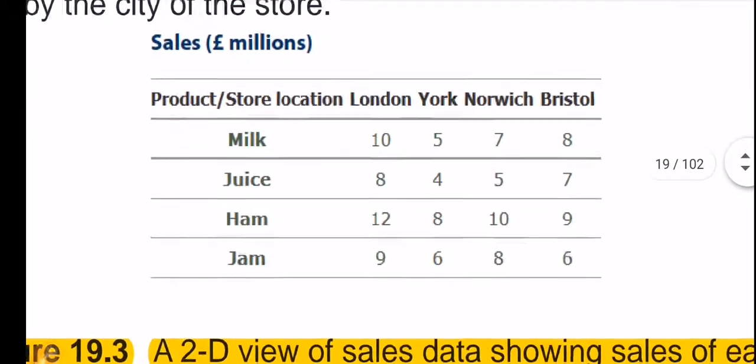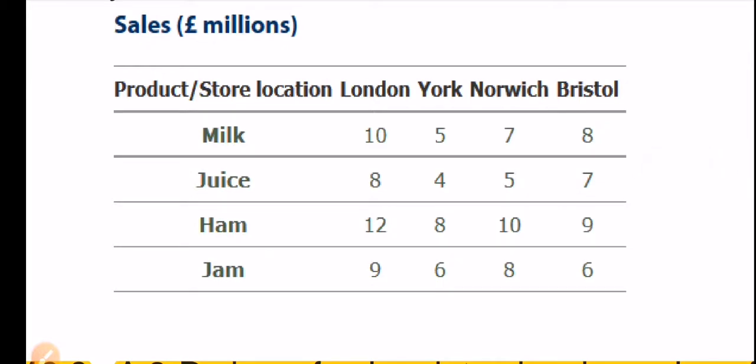Okay, you can see here clearly. For example, take the first product, milk. Sales of milk in London is 10 million. Sales of milk in New York is 5 million, and so forth. Also, milk is sold in London by 10 million, juice 8 million, ham 12 million, jam 9 million.